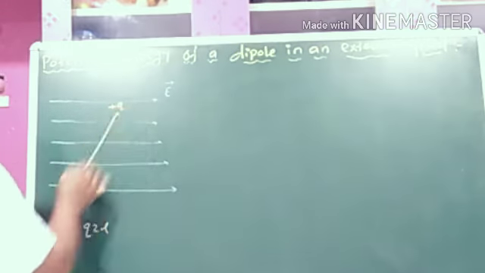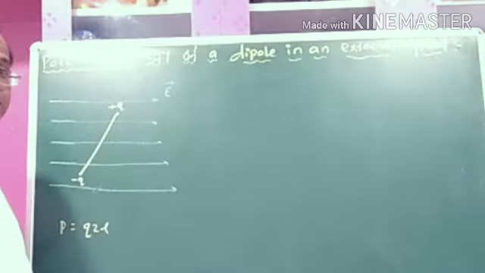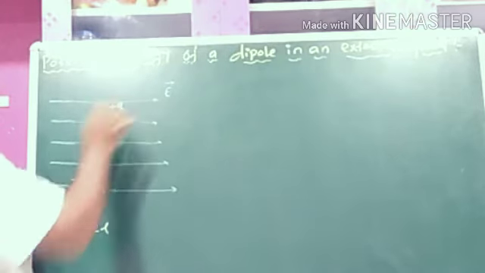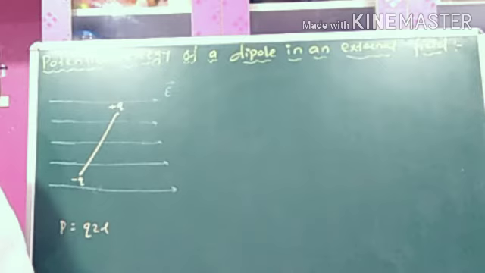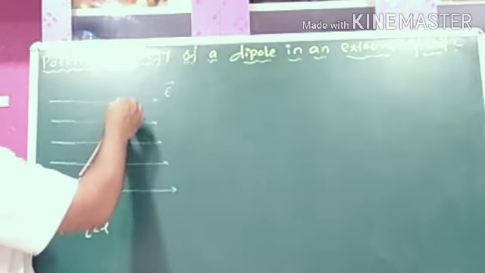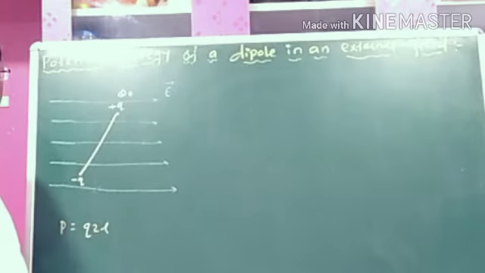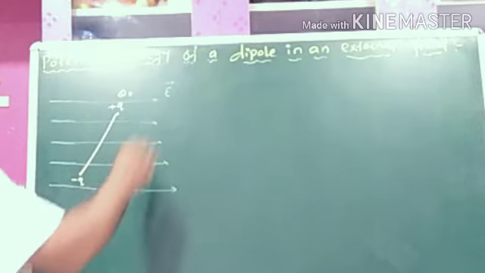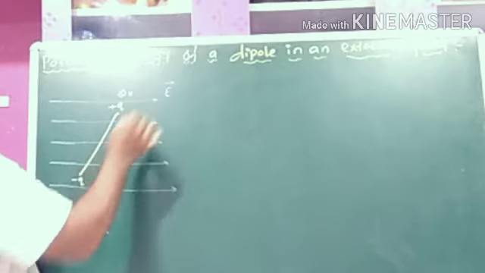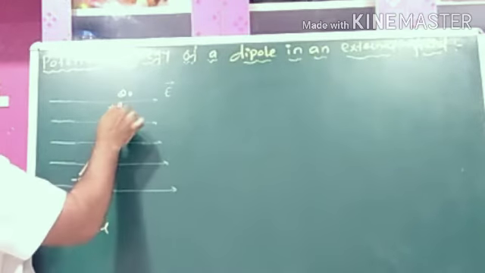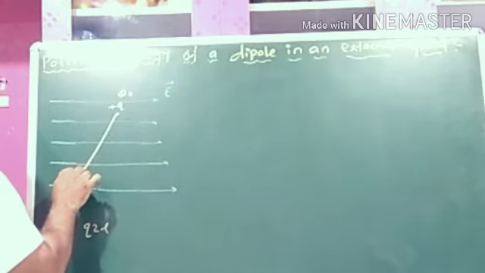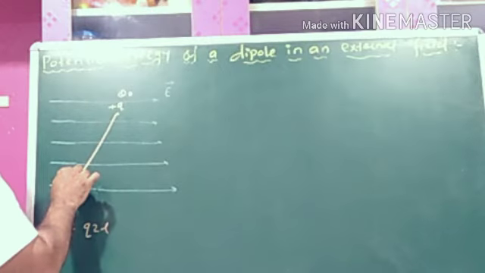It means this electric dipole is placed inside the electric field, but its initial position is an inclined position. Suppose the initial angle is theta 0. Then what happens? The electric field exerts a force on both the charges.